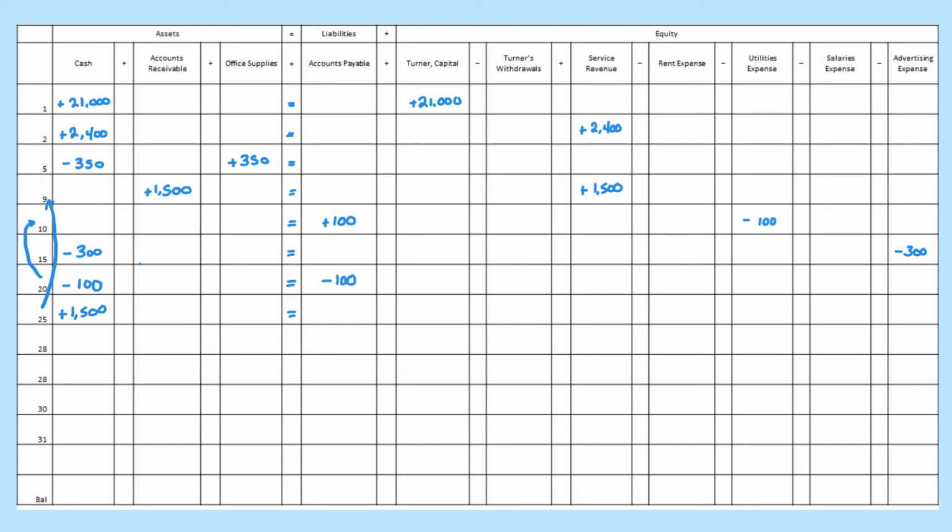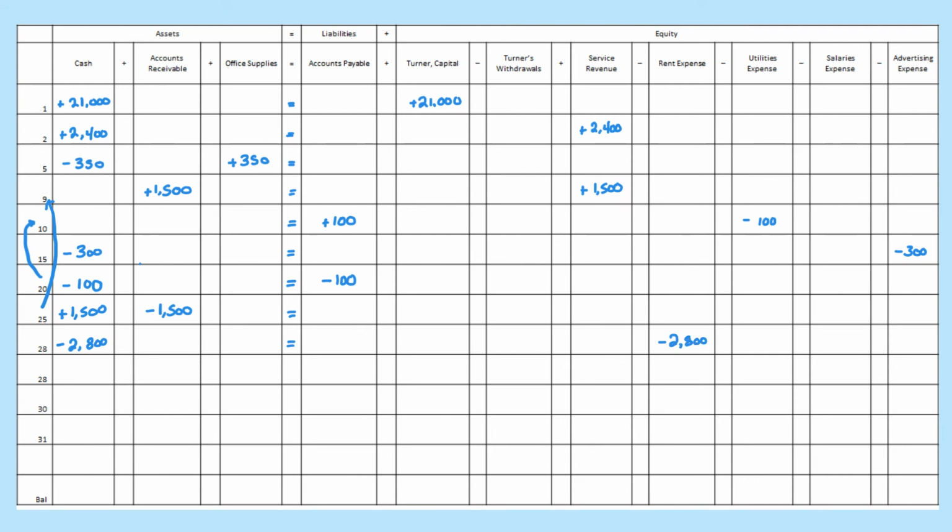So my accounts receivable will go down. As you can see, your accounting equation still balanced. On December 28th, paid rent for the month 2,800. Paid, so your cash will go down by 2,800. I paid for what? I paid for rent and expenses decrease equity, so it's negative 2,800.